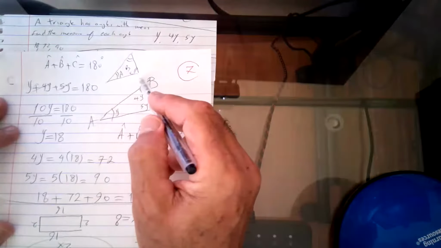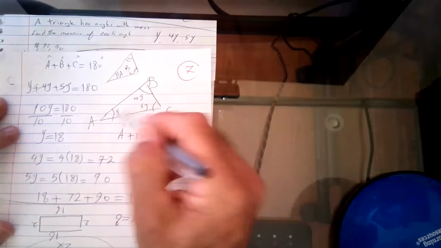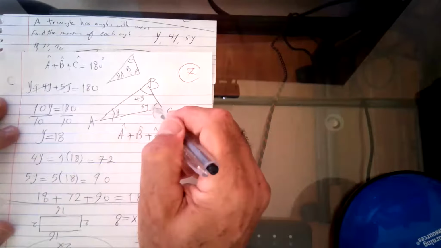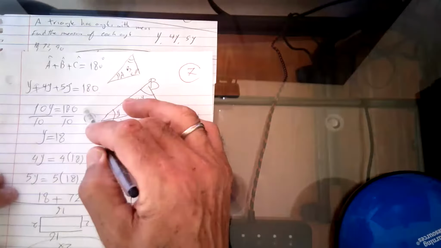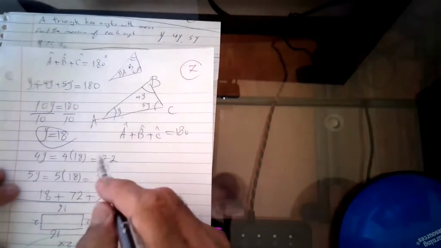So in this problem, they're saying there are 3 angles. One is y, one is 4y, one is 5y. So then it's 10y equal 180, divided by 10. y is 18. When you find y equal 18, then you could find all 3 of them.